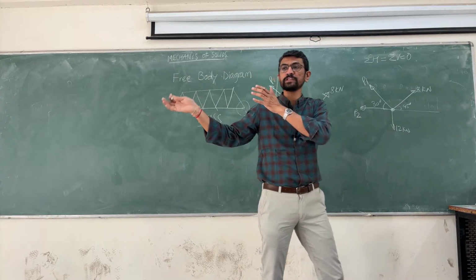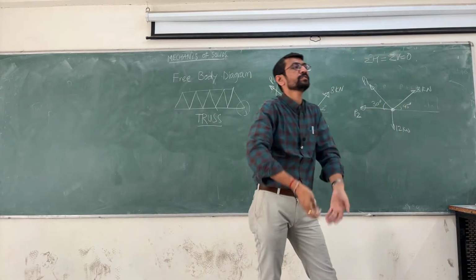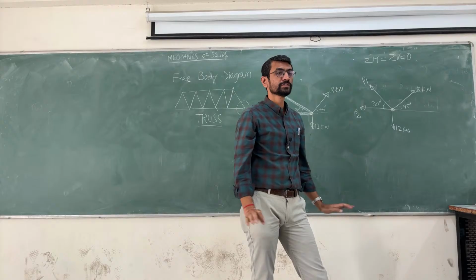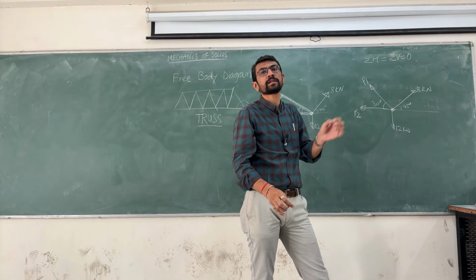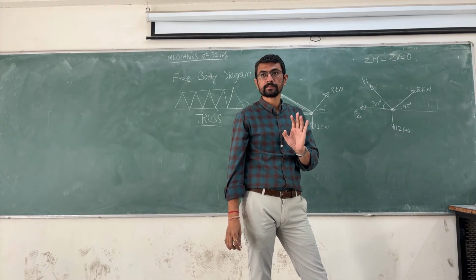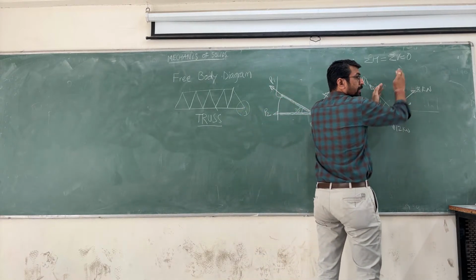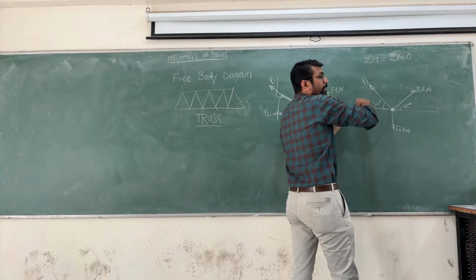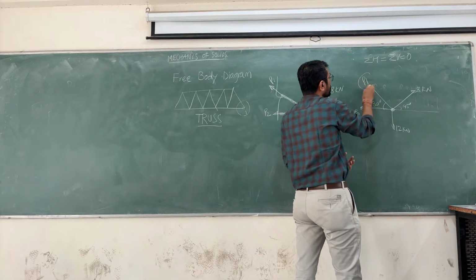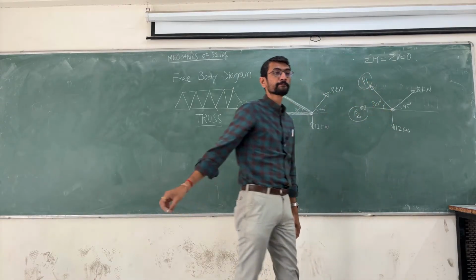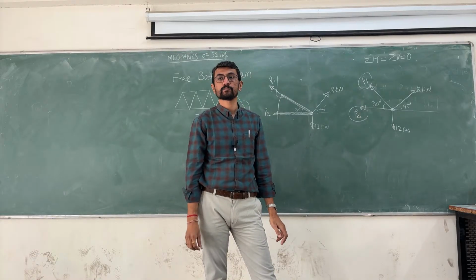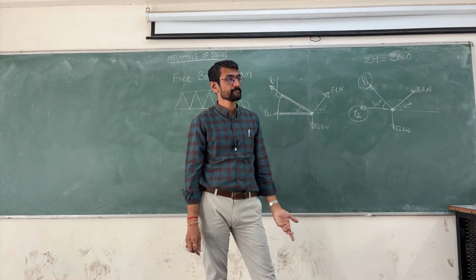So all the forces in X direction, all the forces in Y direction are 0. Then and then the system can remain in equilibrium. Now it is simple. Take all the cos components, equate to 0. Take sine components, equate to 0. You will get P1 value, P2 value. Clear?